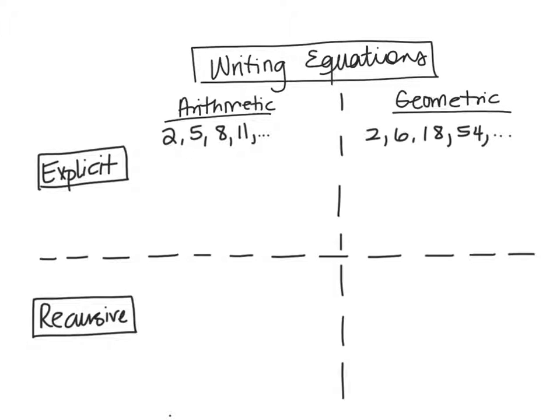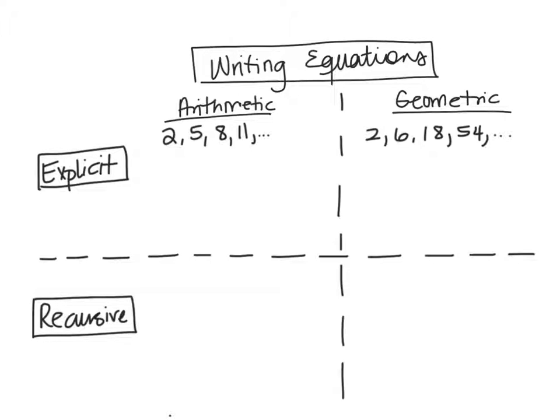Okay, the last little part of our lesson is about writing equations, and we will definitely spend some more time on this tomorrow, but I wanted you to have a video that you could go back and look at later, and to give you some exposure so that you've at least seen a little bit of this before we talk about it tomorrow. If you remember, we've done explicit and recursive equations before.